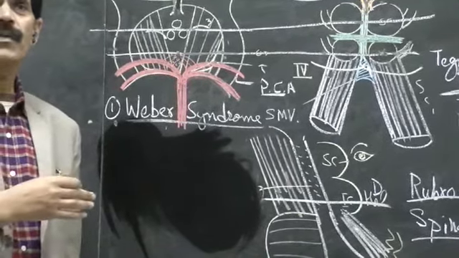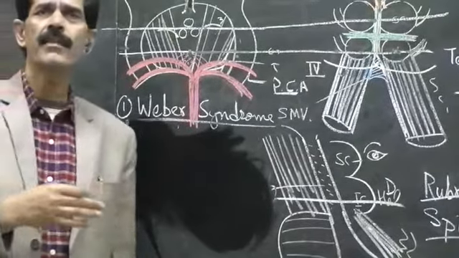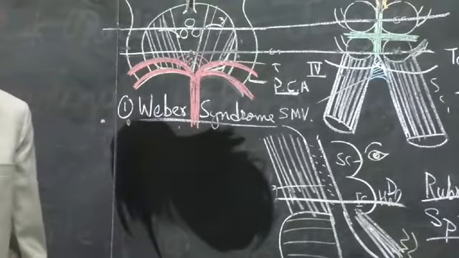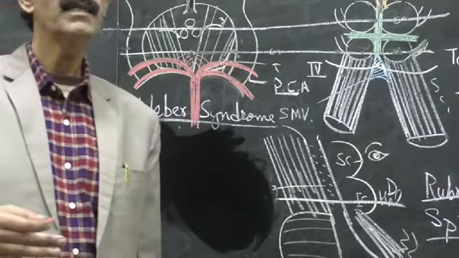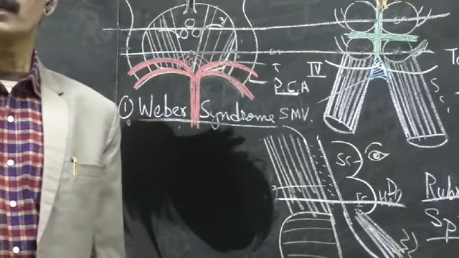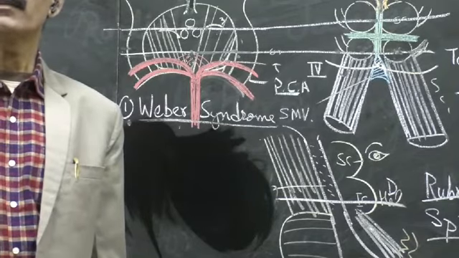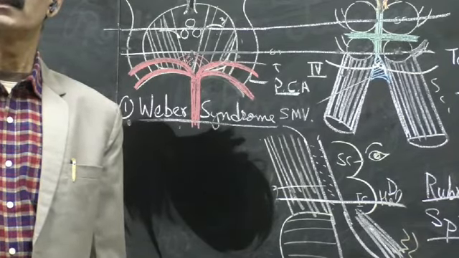So this posterior perforated and the anterior perforated substance are made for central branches of the arteries of the circle of Willis.